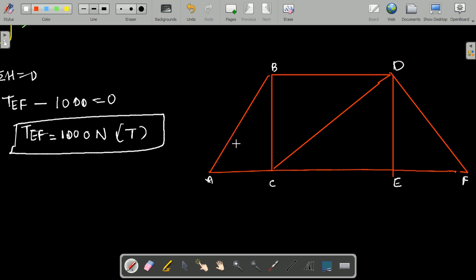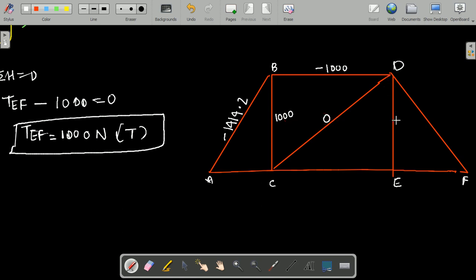I will write here directly because I have already calculated. AB is 114.2 and BD is minus 1000, and BC is 1000 positive and CD is 0.